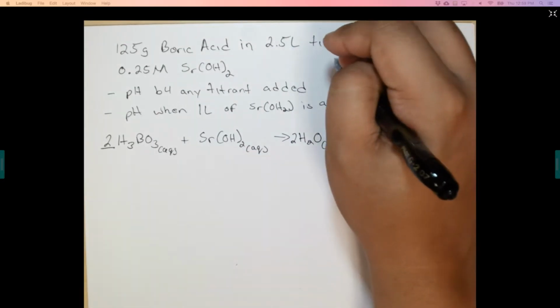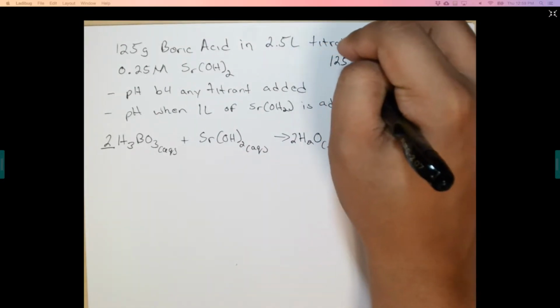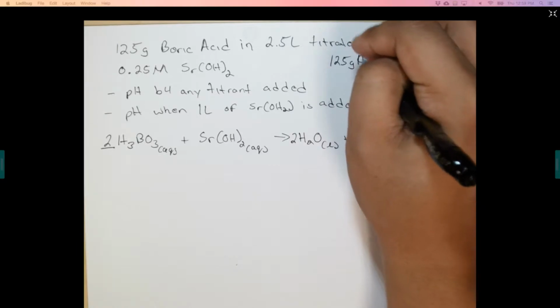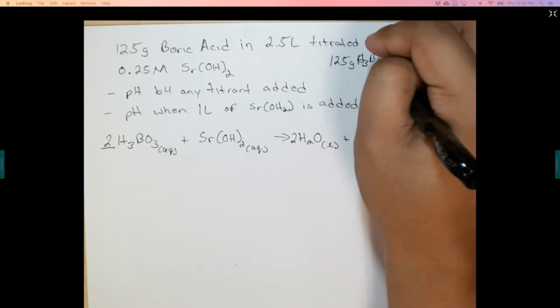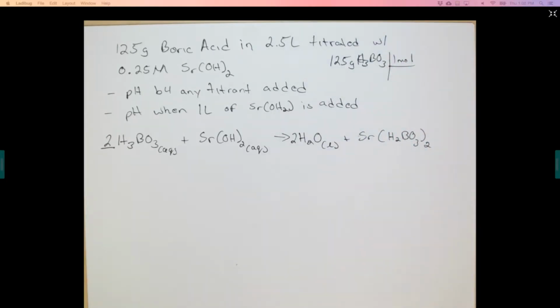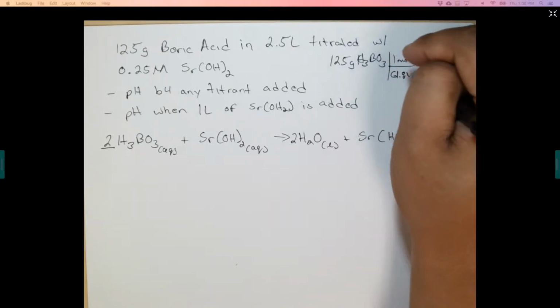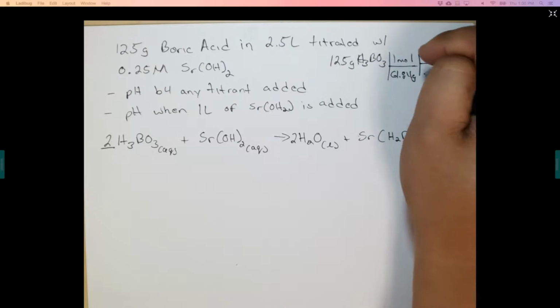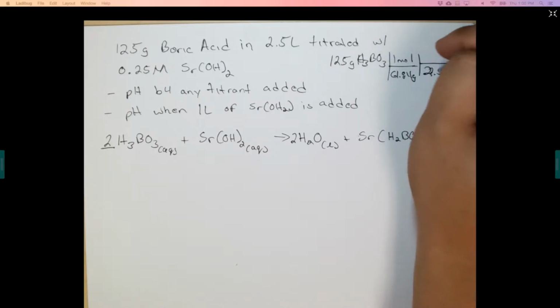So up here, I'm going to do this in a little small area. 125 grams of boric acid, H3BO3. And for every 1 mole, we have 3.03 plus 48 plus boron is 10.81, 61.84, and that is all divided by 2.5 liters.